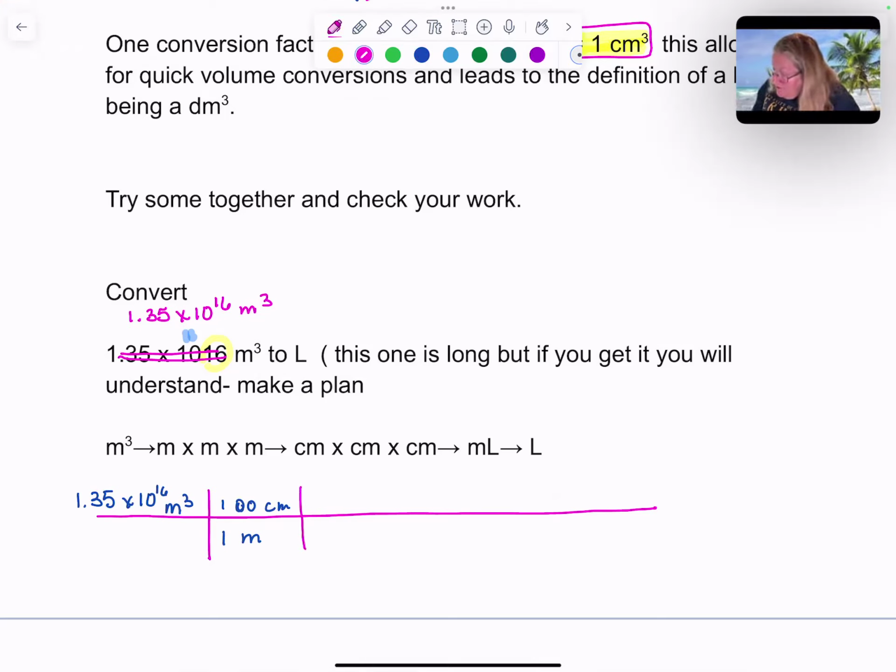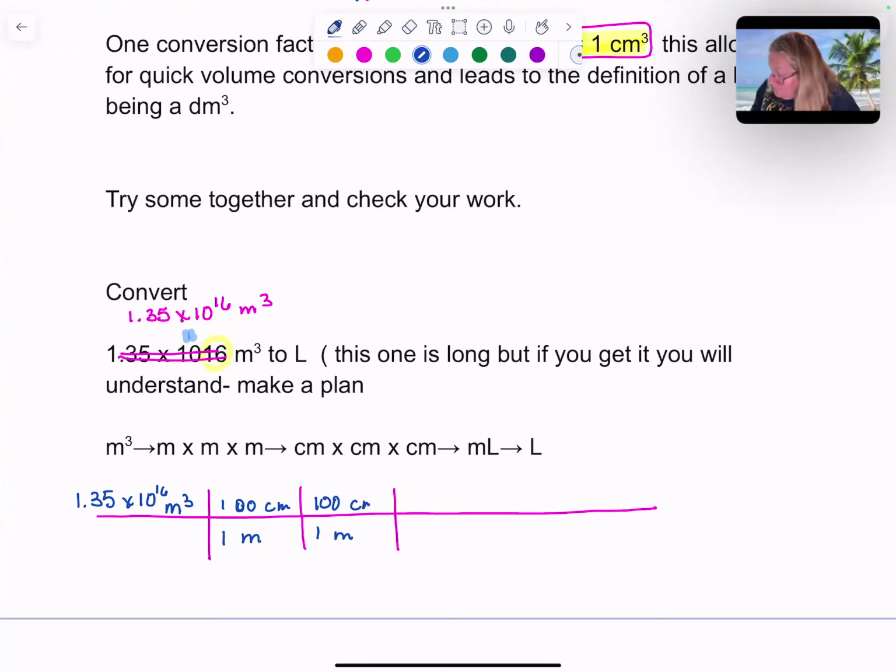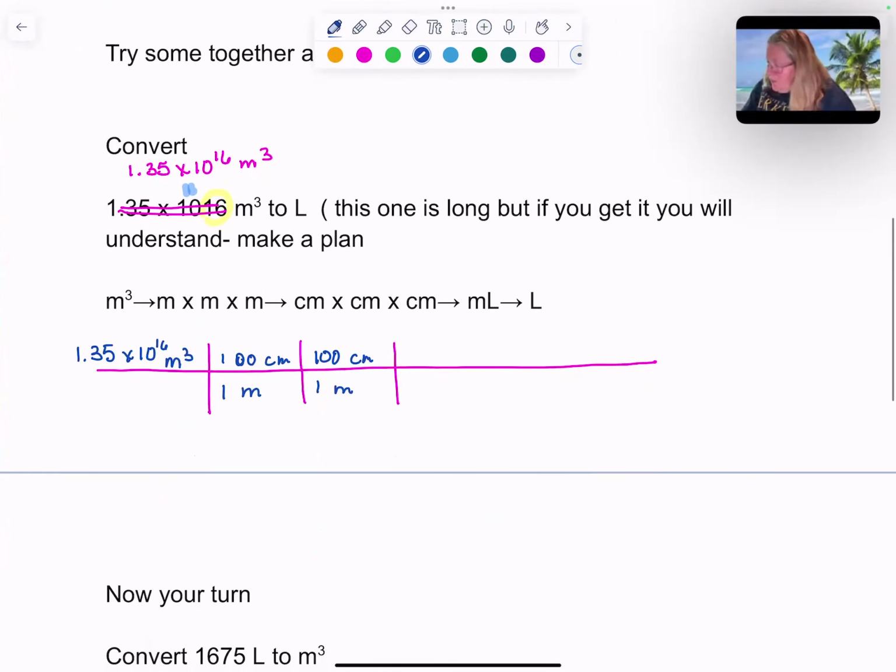I'm going to have to do this conversion a couple of times. 1 meter, 100 centimeters. 1 meter, 100 centimeters. Meter, meter, meter, got rid of that meter cubed.